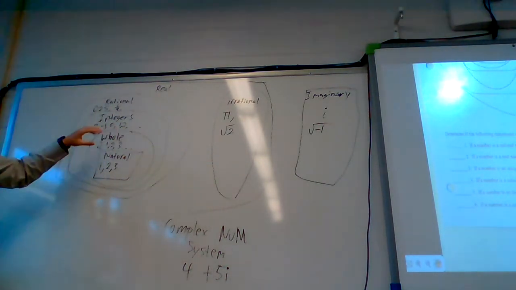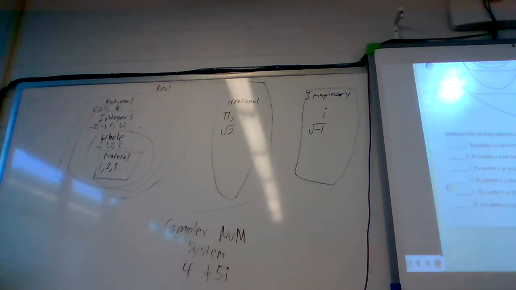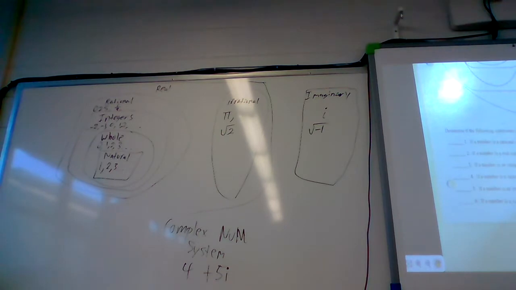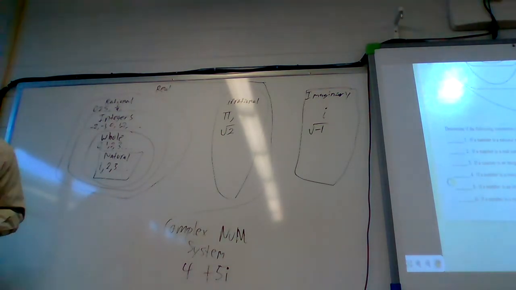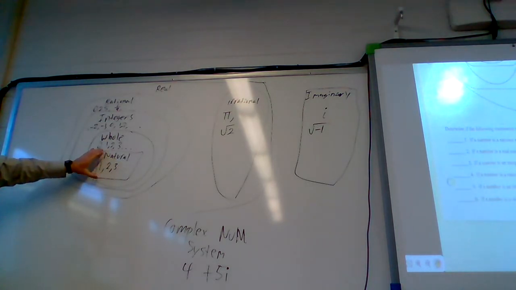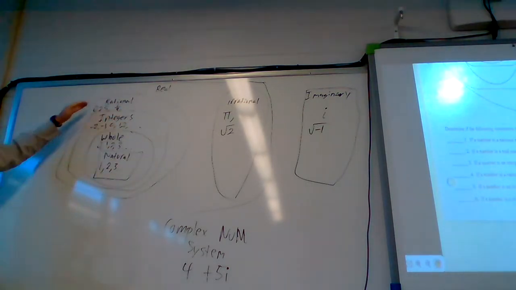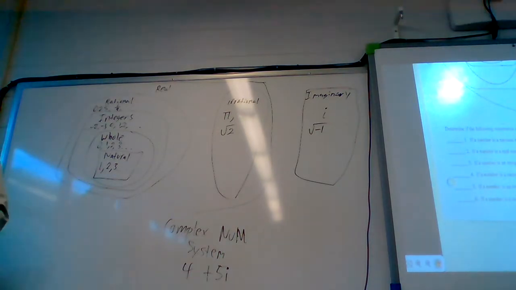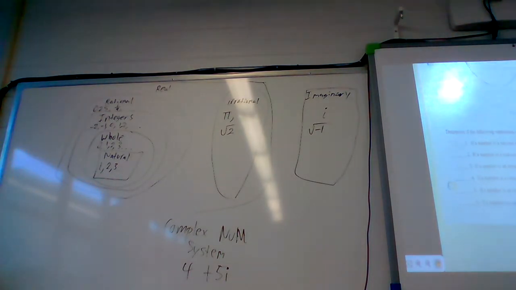Are they inside one another? Nope, so never true. And then our last one, if a number is a natural number, then it is a rational number. We're looking at our naturals, is it inside the rational box? Yes, so that is always true.